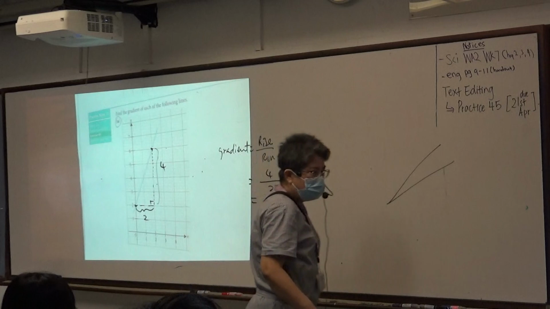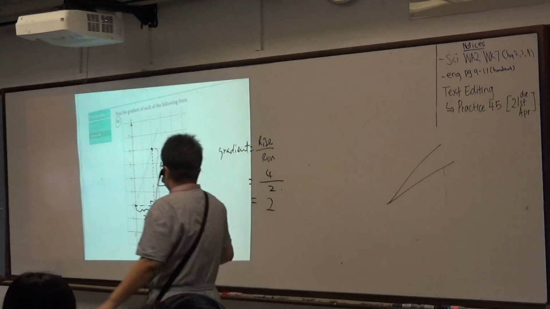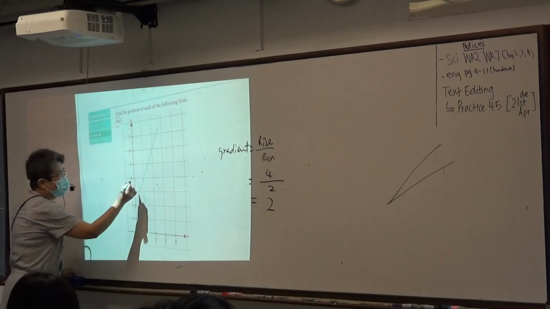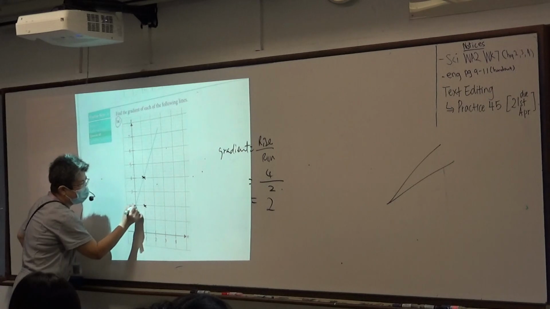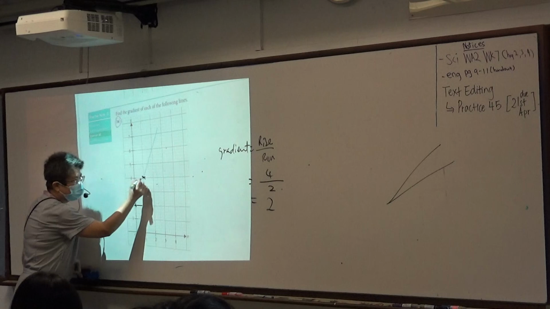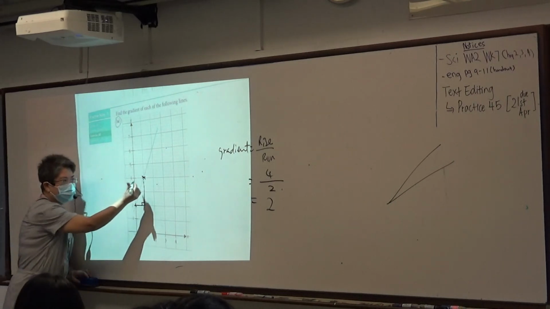Okay. Now, I want you to look at another situation. What if your friend did not choose these 2 points, but they chose these 2 points instead? Are we okay with it? What is this length here?